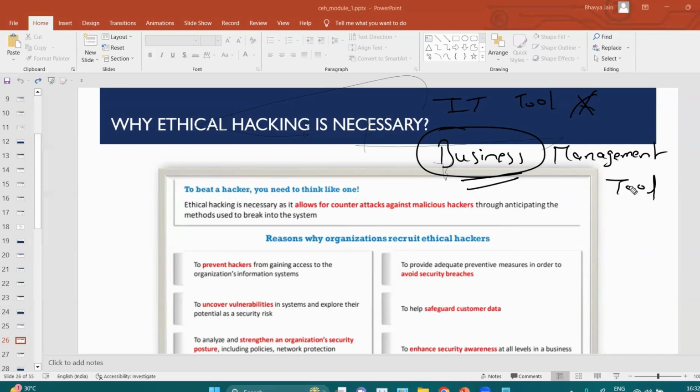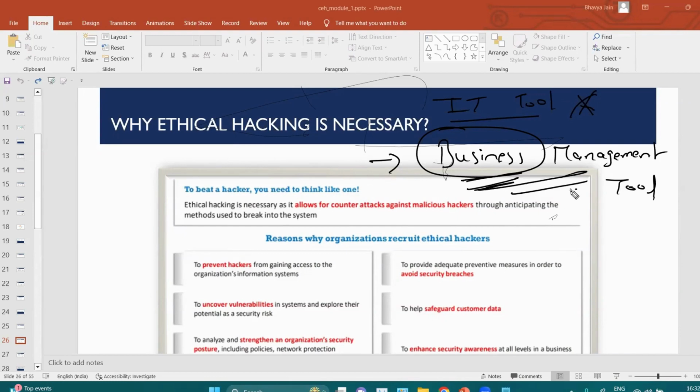If you think from a CISO level, or from the perspective of top-level management, then you will know why companies hire security professionals and put in firewalls and security mechanisms: so that they can continue their business without any disruption. That is why cybersecurity is related to IT, but it is more like a business management tool.